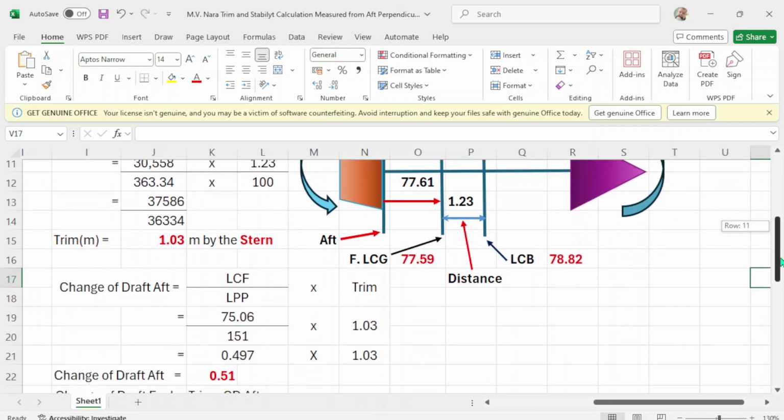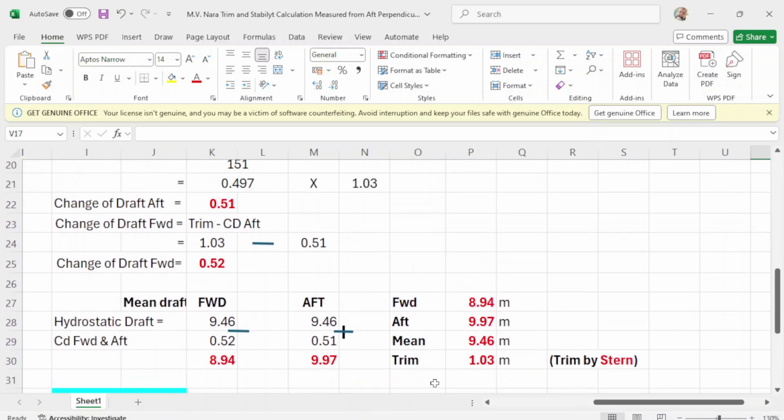So when going up, you subtract your change of drop forward from 9.46. So the final drop will be 8.94. Now your change of drop up is 0.51.